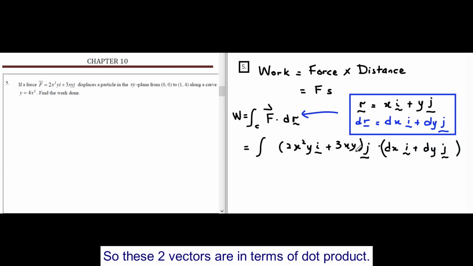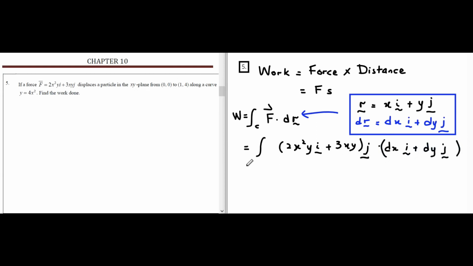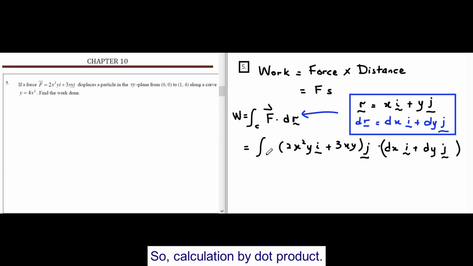These two vectors are in terms of dot product, so we calculate by dot product.